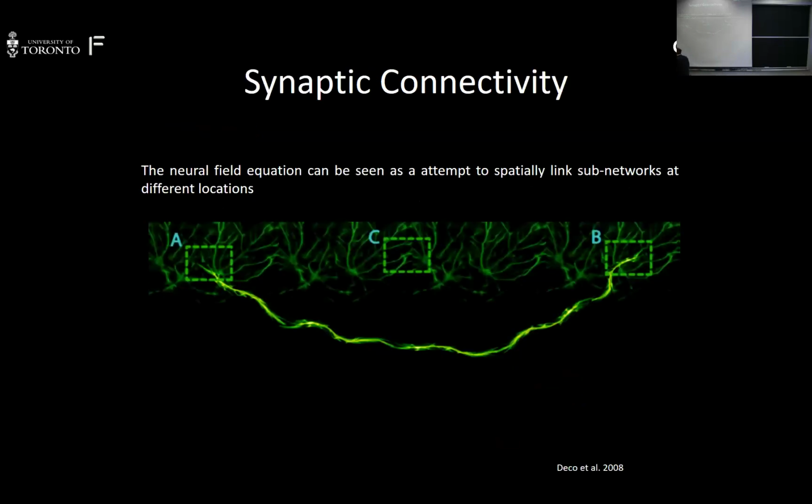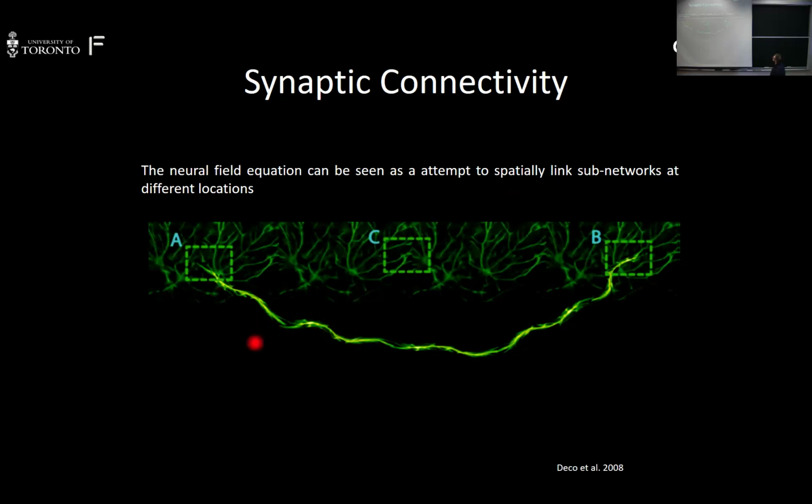The motivation for this, beyond traveling waves, which I talked about, things we see as activity fronts, is that there's also an anatomical rationale for thinking about spatially continuous and contiguous anatomical structures.